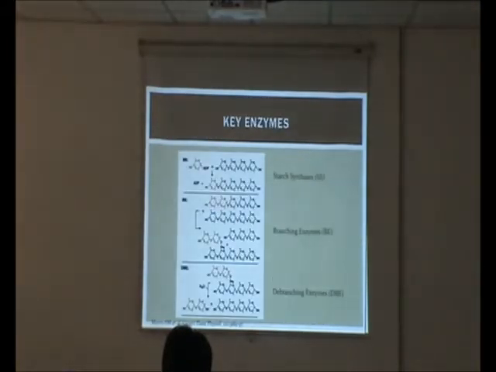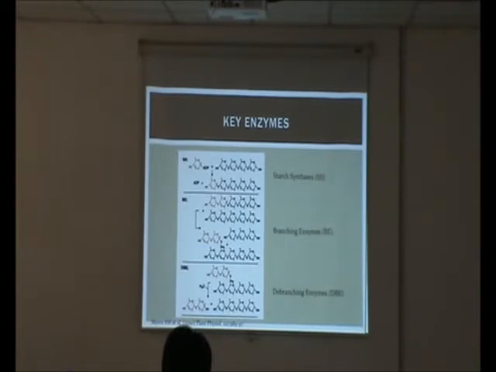So first, let me introduce you to properties of enzymes that are involved in this process. So we have three major groups of enzymes. The first one is starch synthase, which I just call SS for short.